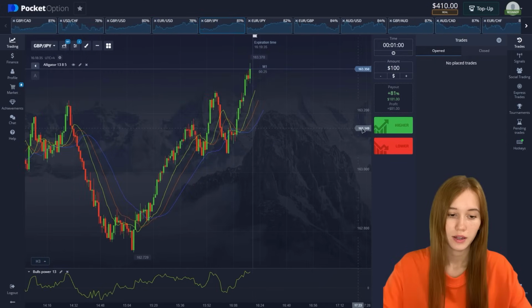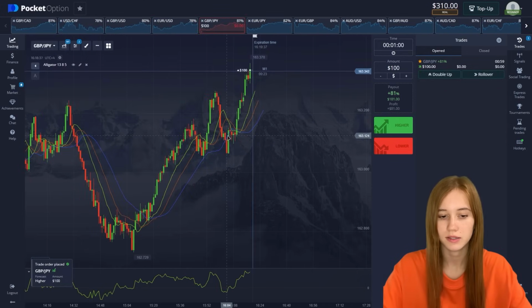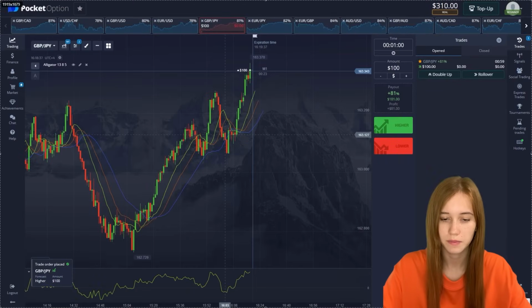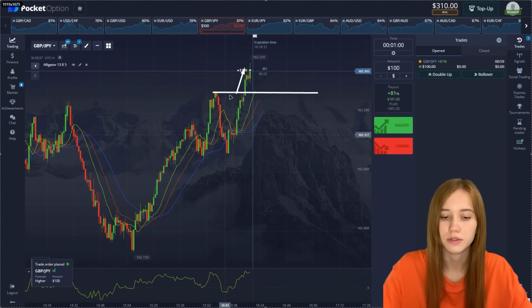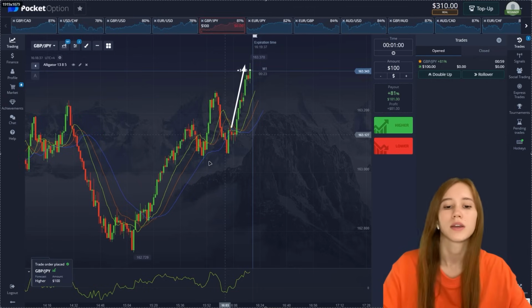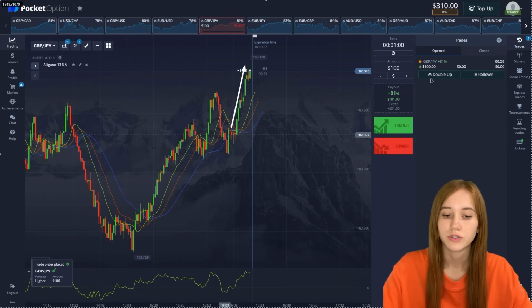This is good. And we open up and start technical analysis. If we highlight the resistance area, it was overcome confidently. This shows good growth. According to the general trend, there's an increase on the market. We trade with the trend, open up.